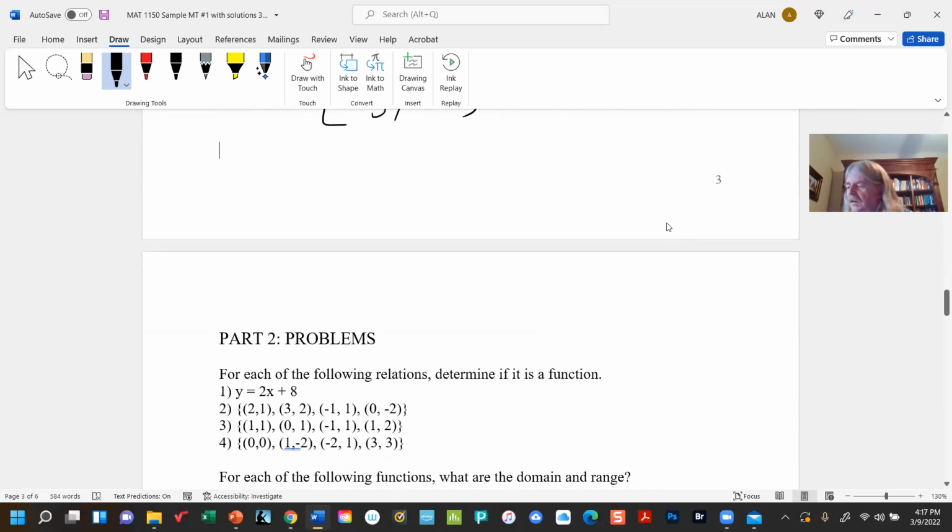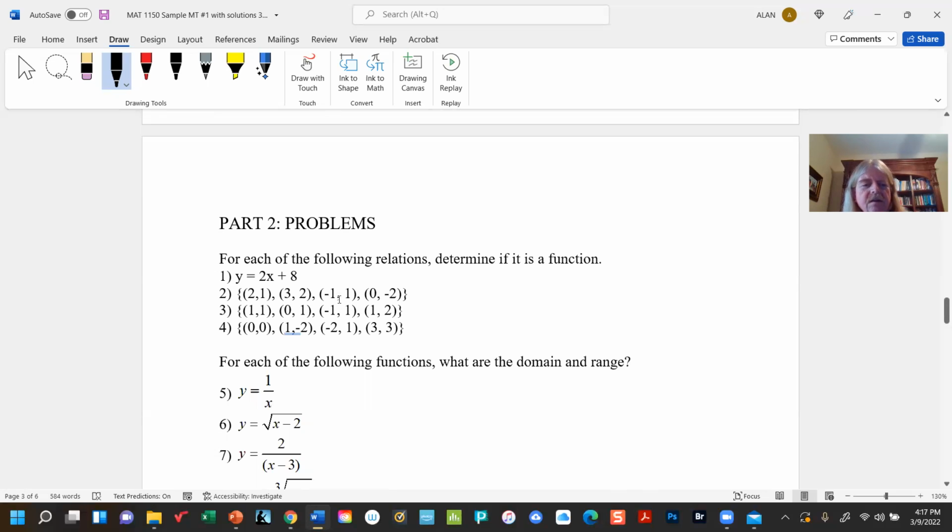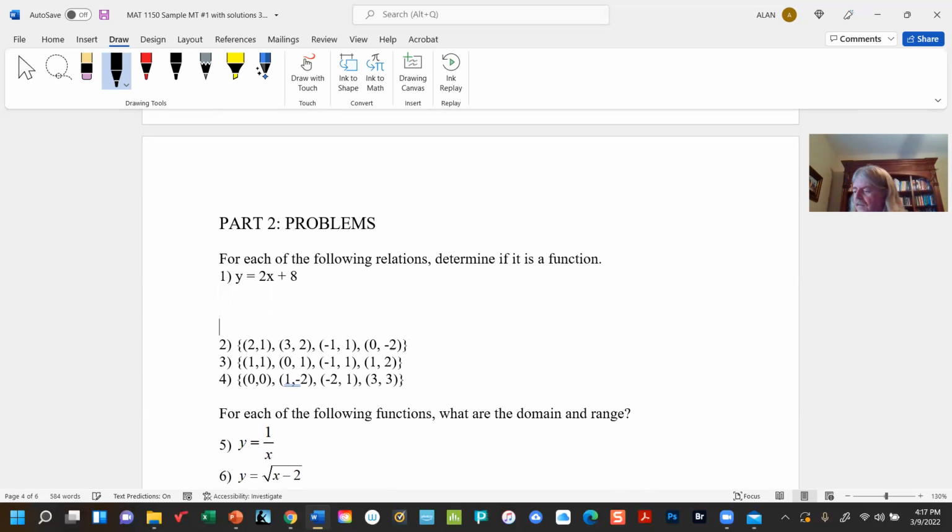Yes, that's correct. All right, now, determine if it's a function. Well, this is something, again, going way, way back to the beginning. Remember the way this works. You're trying to make sure that each x goes with a single y.